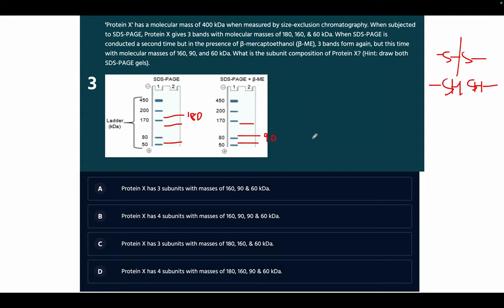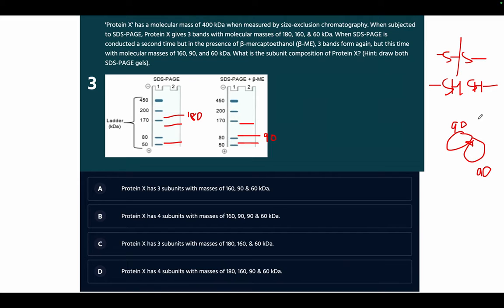So the most logical explanation is there was some dimeric subunit of this protein which was being held together by a disulfide bond. Both of these subunits have molecular weight 90, and in between there is some disulfide bond.